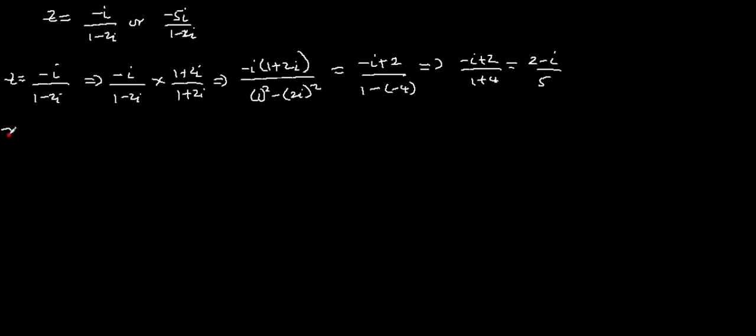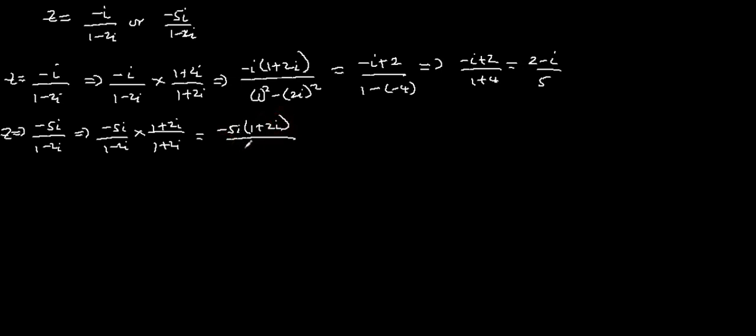So also let's look at the value of z, which is equal to minus 5i divided by 1 minus 2i, which will be minus 5i divided by 1 minus 2i times 1 plus 2i divided by 1 plus 2i, which is equal to minus 5i into 1 plus 2i divided by 1 minus 2i squared.